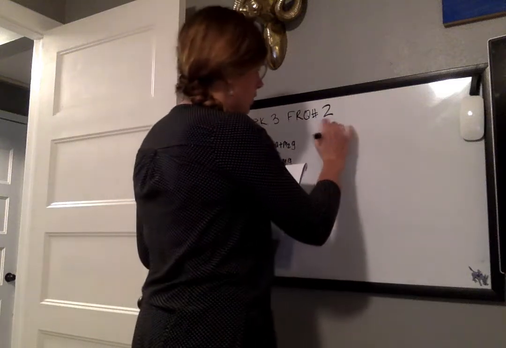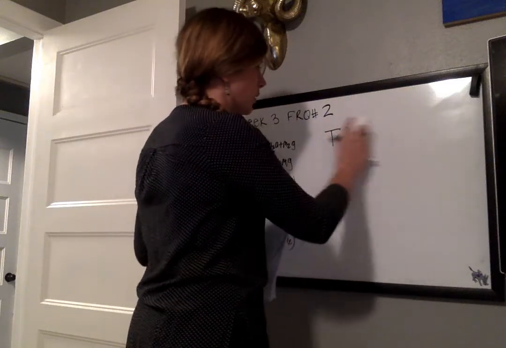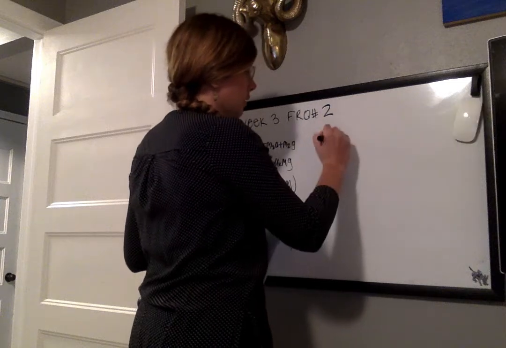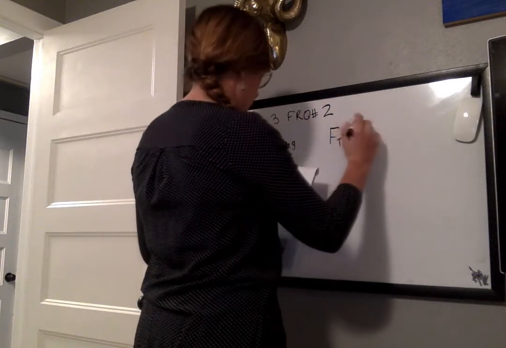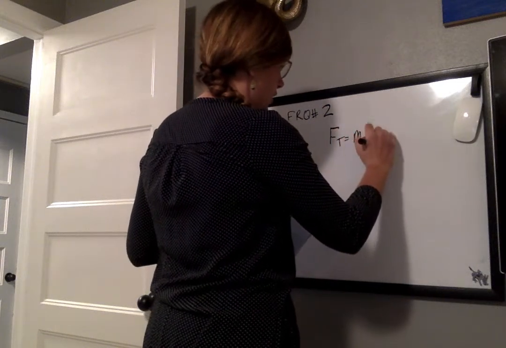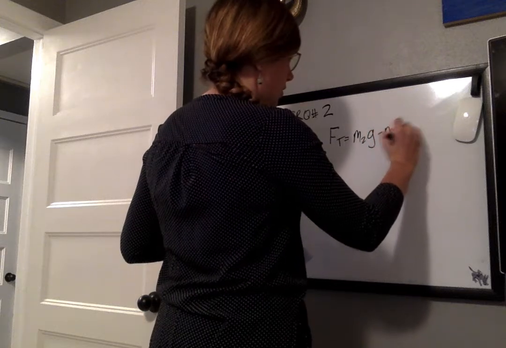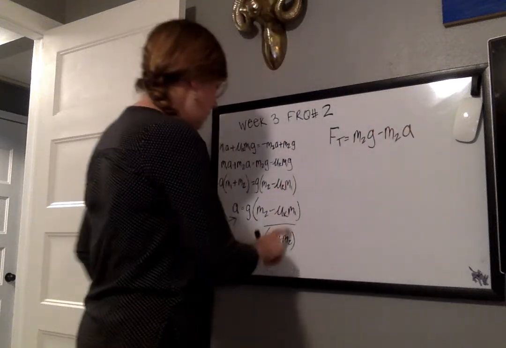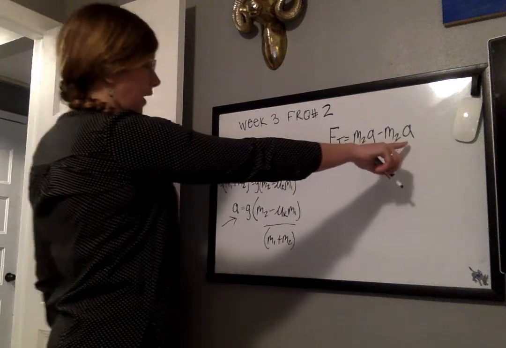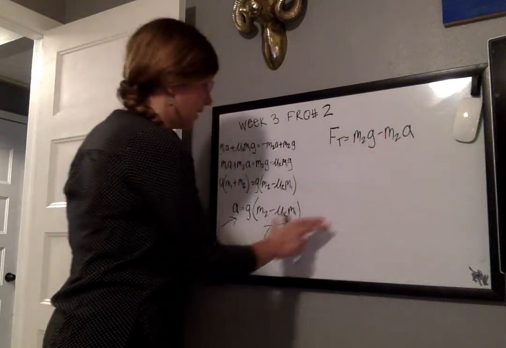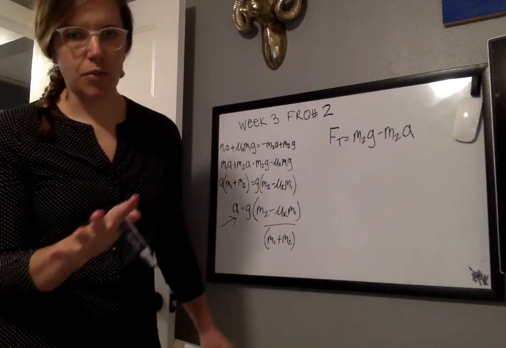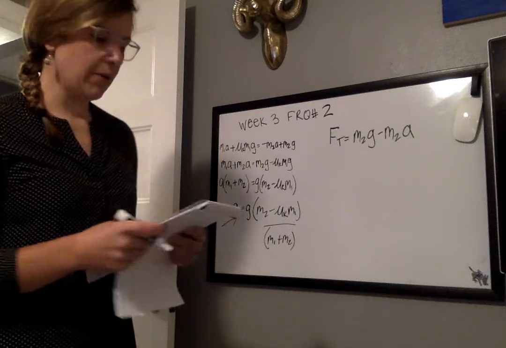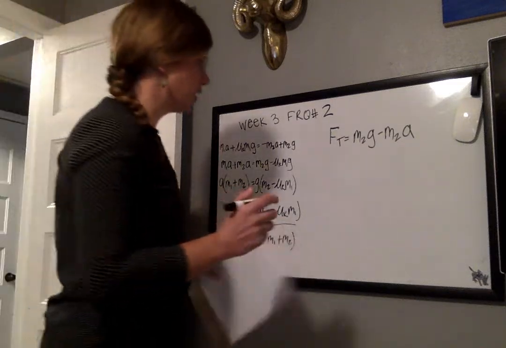So I'm going to use our equation: force of tension is equal to M2g minus M2a. Then I'm going to plug this beautiful thing in here for a. If you write this and then you plug this in, that's all you need to do. You don't need to simplify. However, it is simplified on the answer key if you want to check that out.